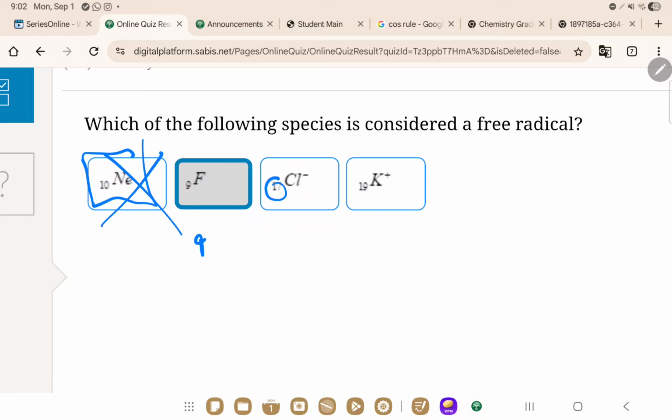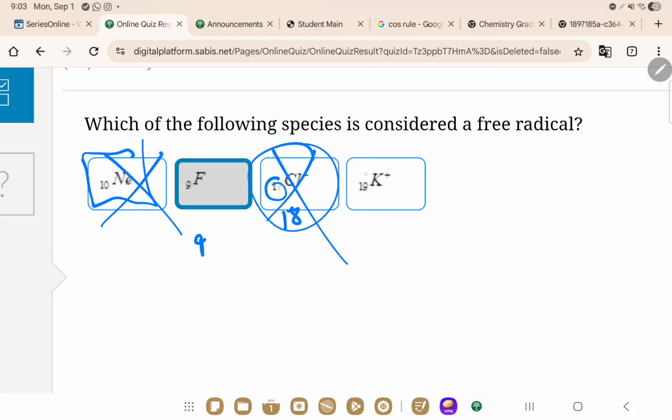Because the 17 electrons took an extra electron to become 18 electrons. 18 is the same number of electrons as argon, if I'm not wrong. Just let me check so I'm not giving wrong information. 18 is the same number as argon. So argon is a noble gas that's stable, and this one has reached an electronic configuration that is stable.